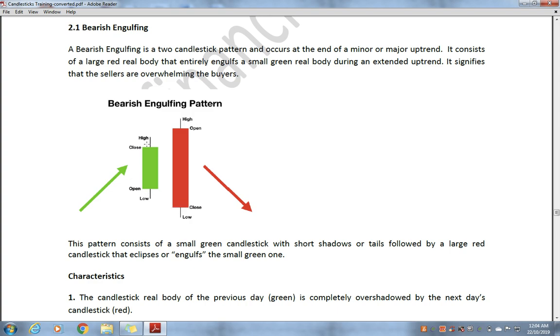So, after a small green candlestick, it will be followed by a very large red candlestick or a bearish candlestick. And this red candlestick will totally engulf the previous day green candlestick. This shows us that the sellers are back in control and the prices are going to fall in the future.